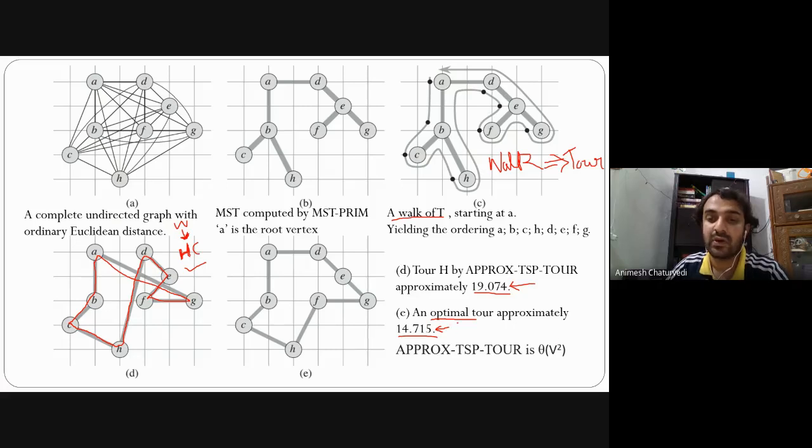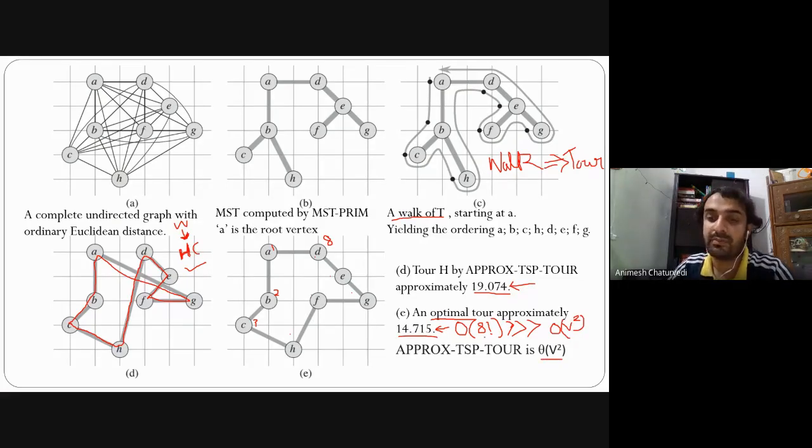this actually requires order of 8 factorial. Why 8? As we discussed, it is the number of vertices, factorial. 1, 2, 3, 4, 5, 6, 7, 8. So there are 8 vertices, so 8 factorial. 8 factorial is very, very large compared to order of V squared, which is the average time complexity.